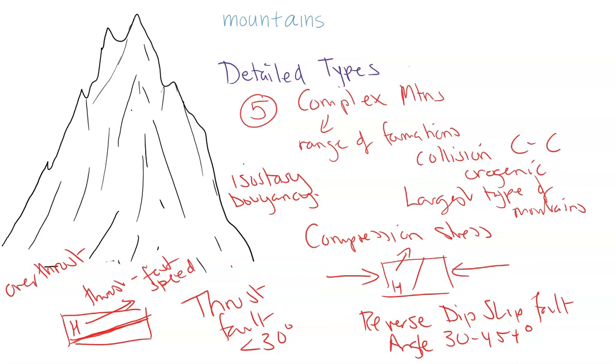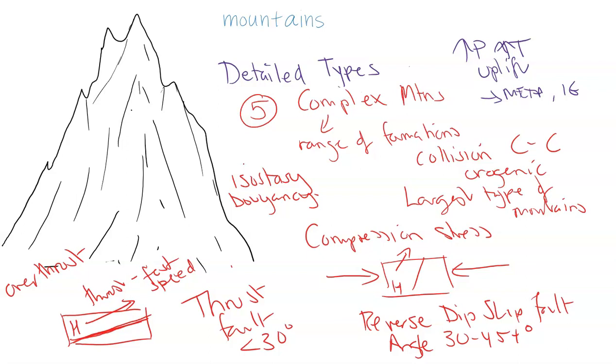In addition to the thrust faults, you also have a lot of compression, a lot of heat, so increased pressure, increased temperature, and depth and uplift. So you do get a lot of metamorphic rocks and some igneous rocks in there as well. You do get also the presence of a lot of faults in general, but also a lot of anticlines and synclines, which is basically the up and down nature.